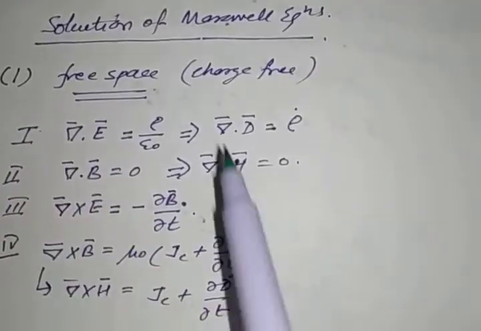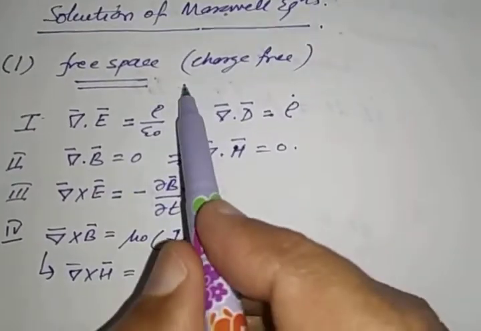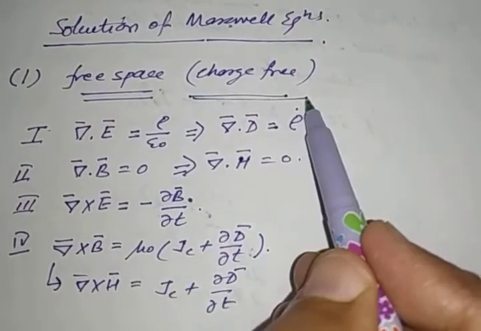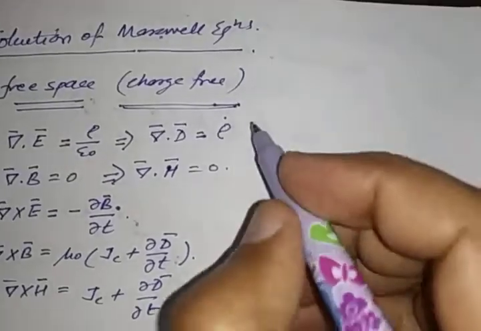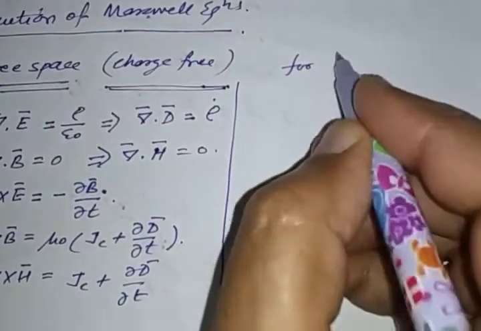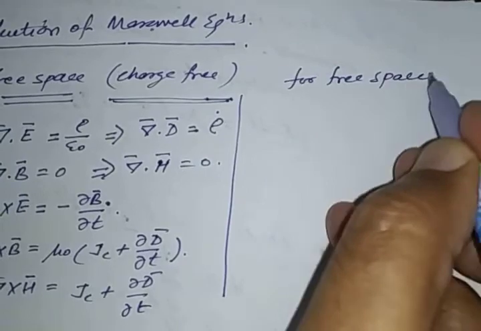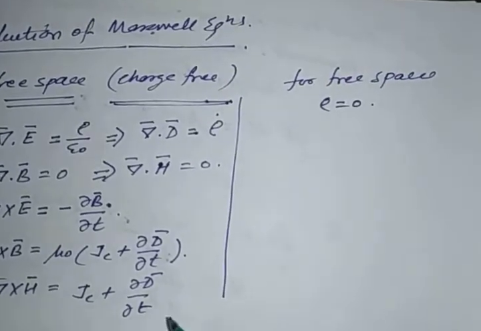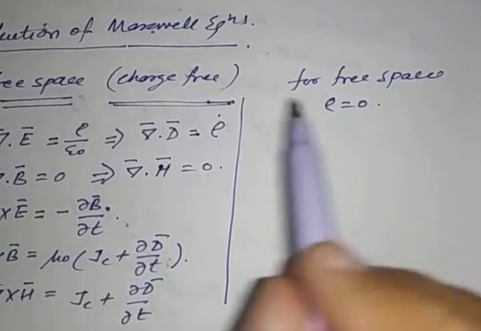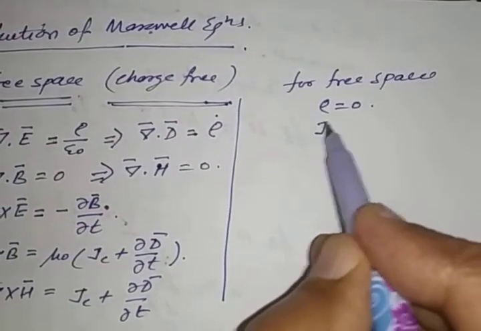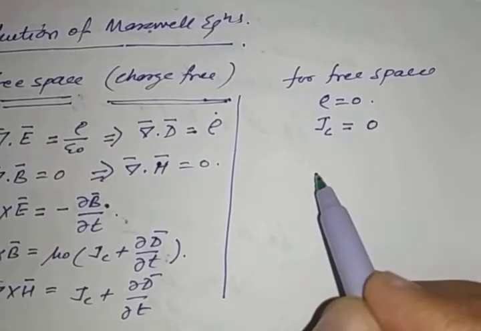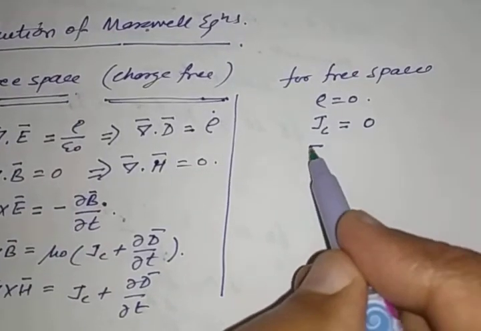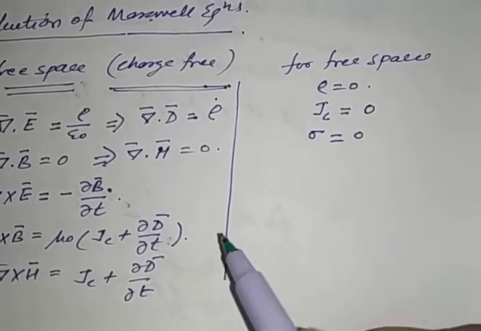But the environment says that it's a free space, charge free space. So for the free space there will not be any charge. So we can write over here that for free space charge density is 0. As soon as this becomes 0, our conduction current density also becomes 0, because conductivity is 0.